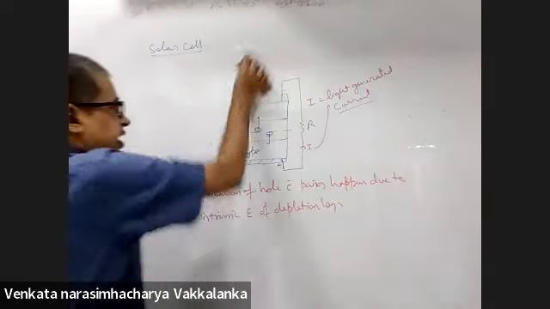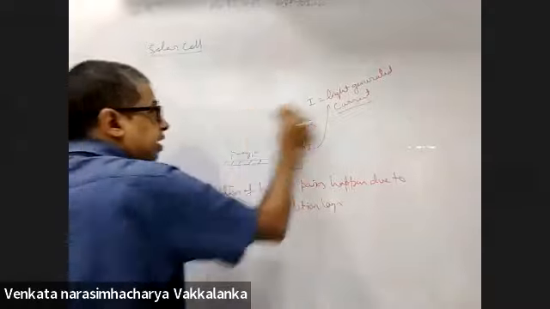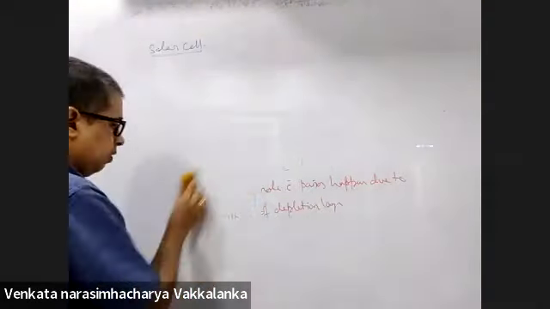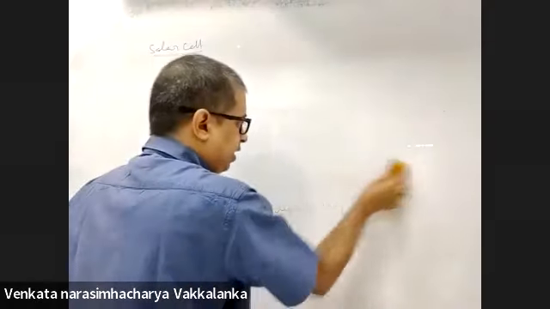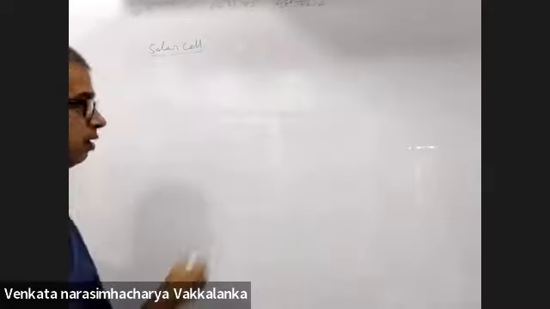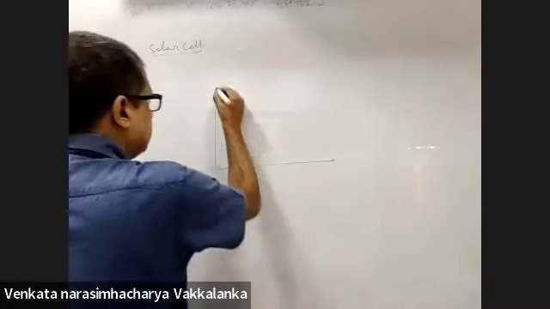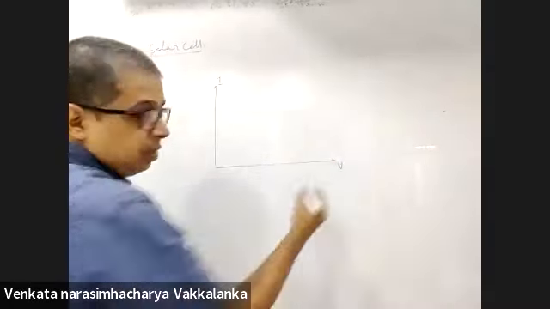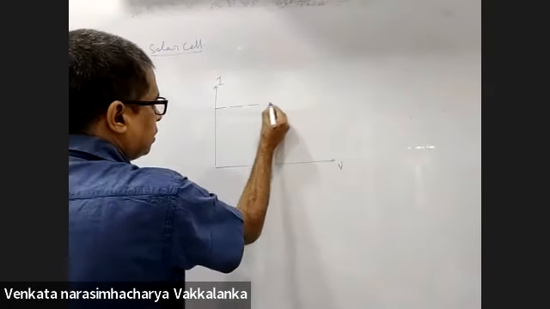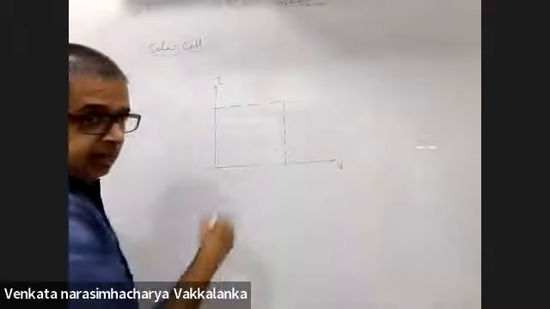Remember the diagram of its VI characteristics. Just memorize the diagram. A complete explanation is difficult. This will be I, this will be V, right? Draw a rectangle like this.